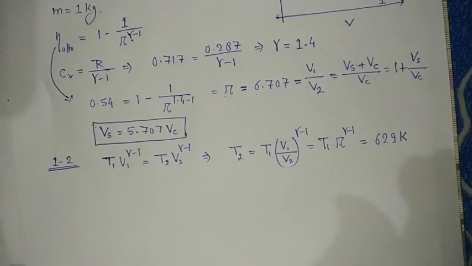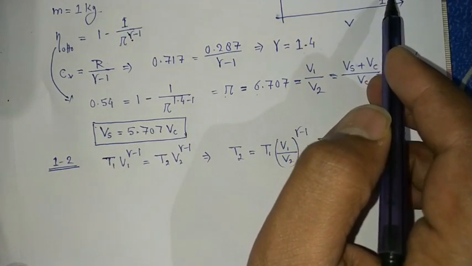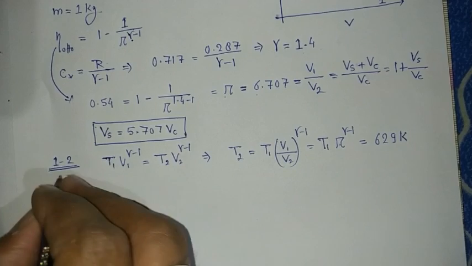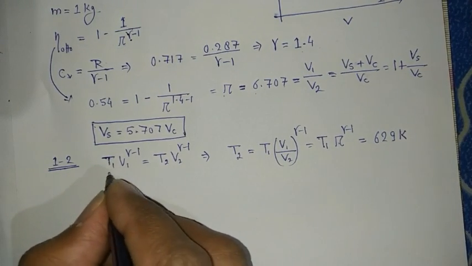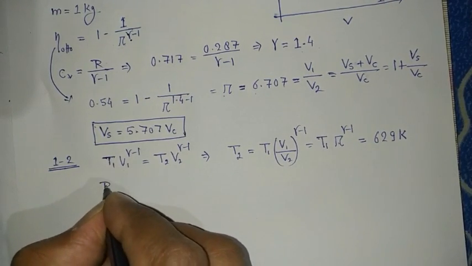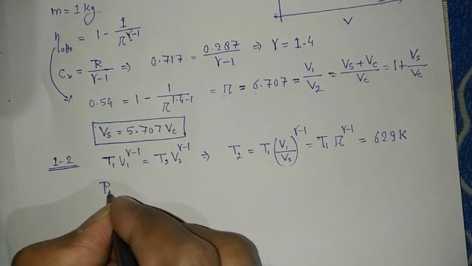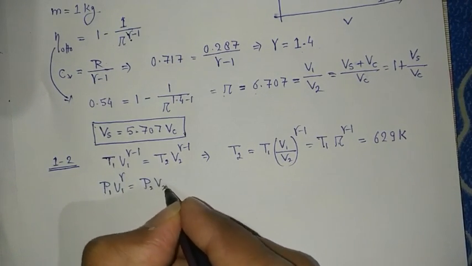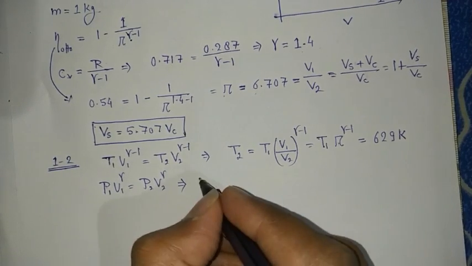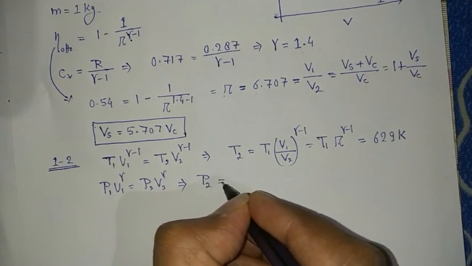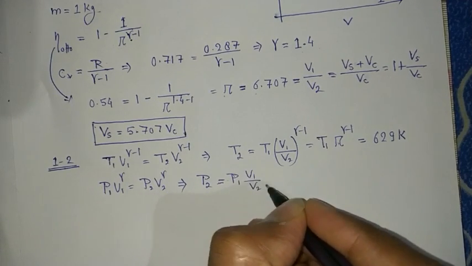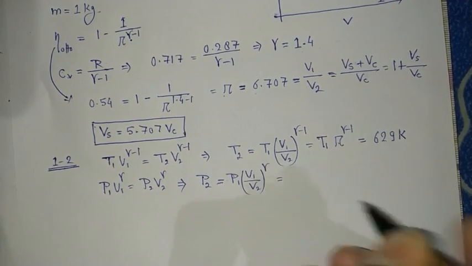Okay, again we know the value of pressure at 1, but we don't know the value of pressure at 2. So for the same process, the relation between pressure and volume will be P1 V1 to the power gamma is equal to P2 V2 to the power gamma. So from here, P2 will be P1 times V1 by V2 to the power gamma.